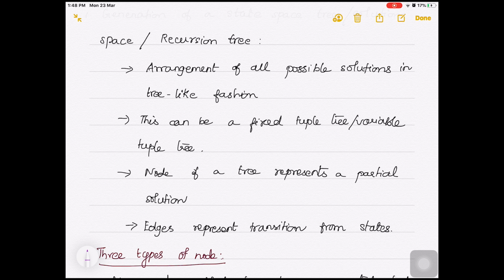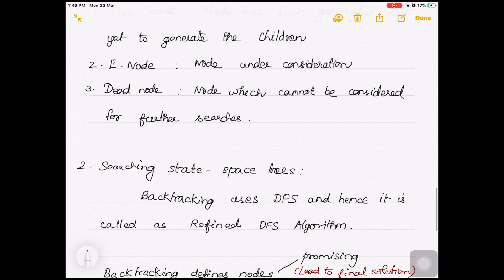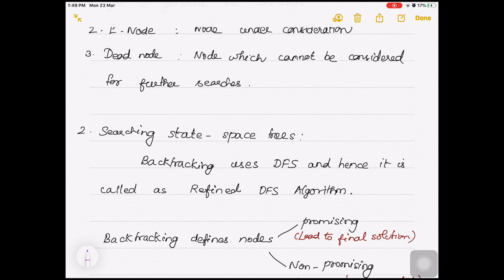The nodes of the tree represent a partial solution, and every edge represents the transition from one state to the other. There are three types of nodes in the state space tree: the live node, the E node, and the dead node. The live nodes are the nodes that have been generated but are yet to generate children. The E node is a node which is under consideration, and a dead node is a node which cannot be considered for further searches.